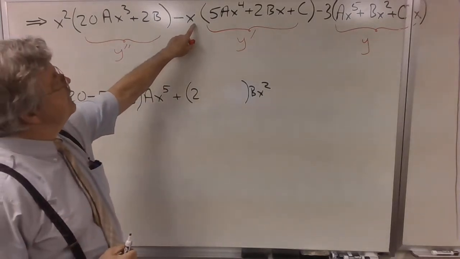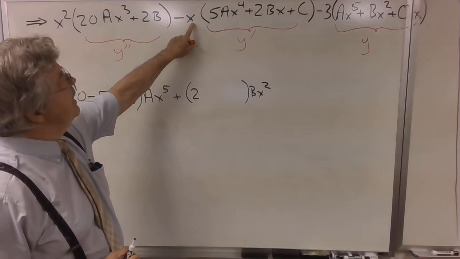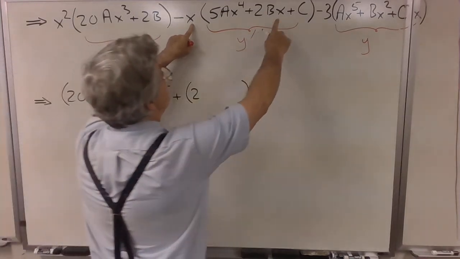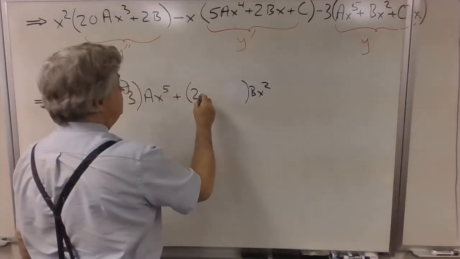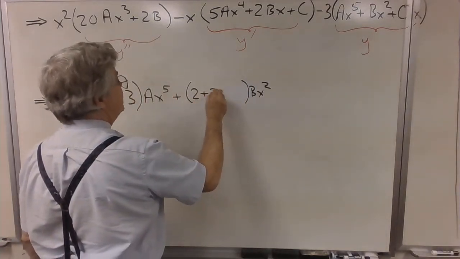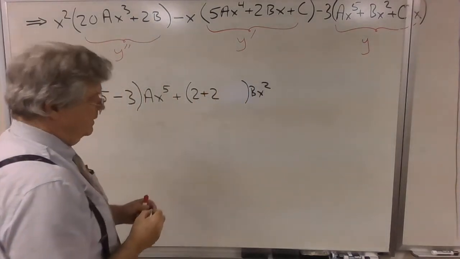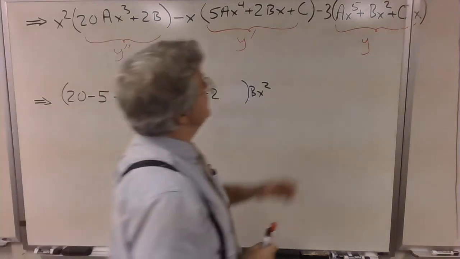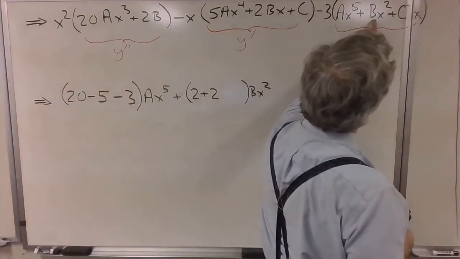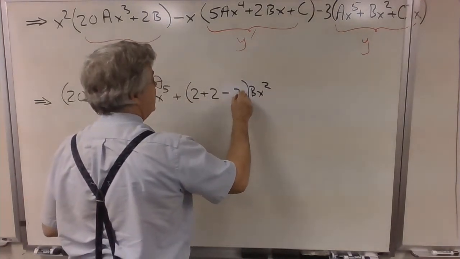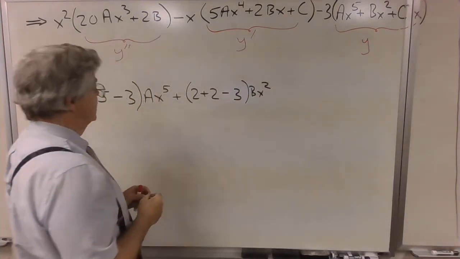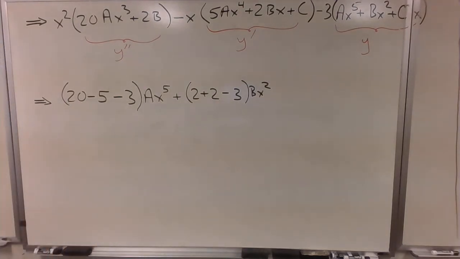What do I have here? X times 2bx is 2bx squared. So I have another 2 here. And here I have minus 3bx squared. Okay.